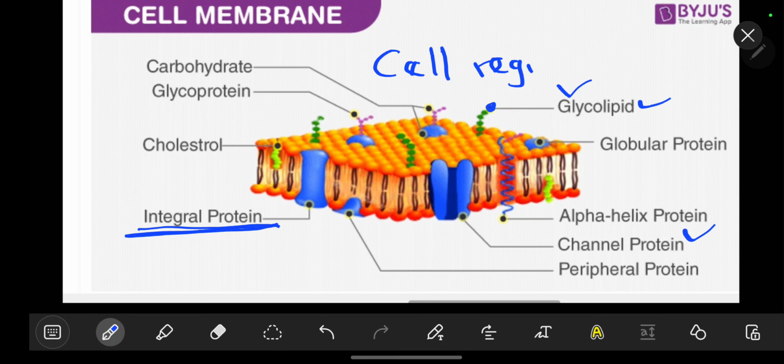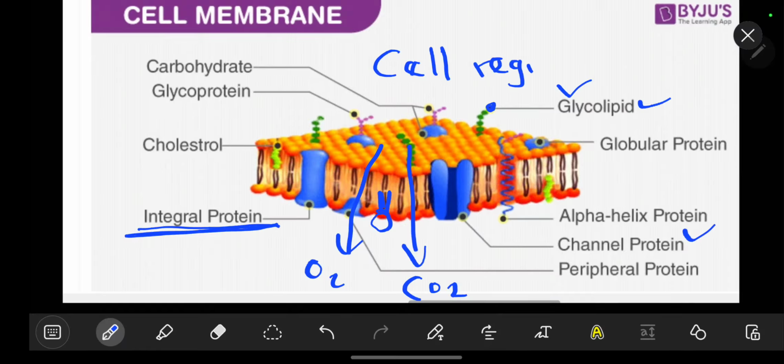Protein channels allow certain substances to pass with ease. Remember we said that this is the tail, this is the head. Small substances such as oxygen and carbon dioxide are able to pass through.